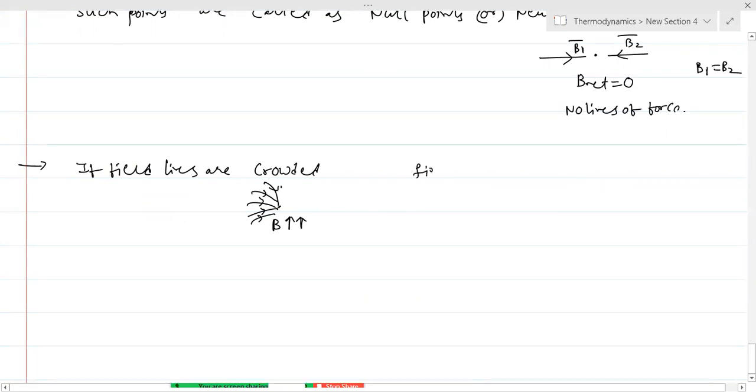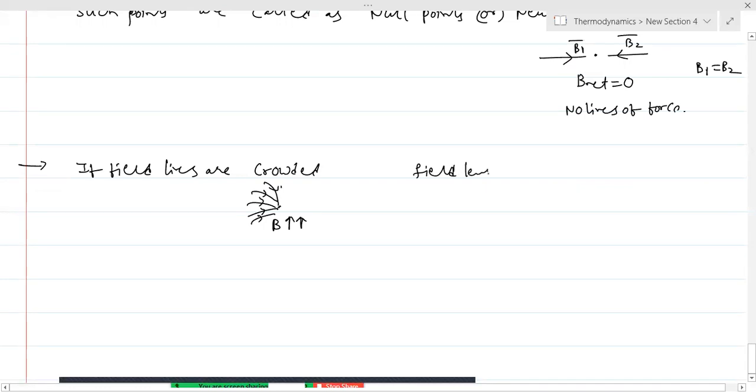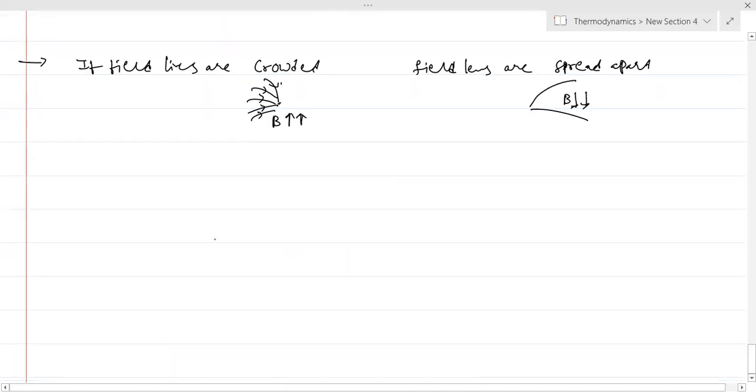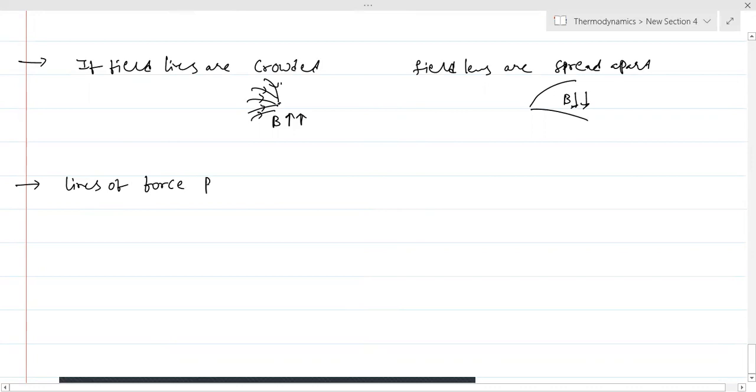Suppose if the field lines are spread apart, so they are deviated like this, so here the B is relatively less in comparison to the first. And here the lines of force pass through magnetic substance.